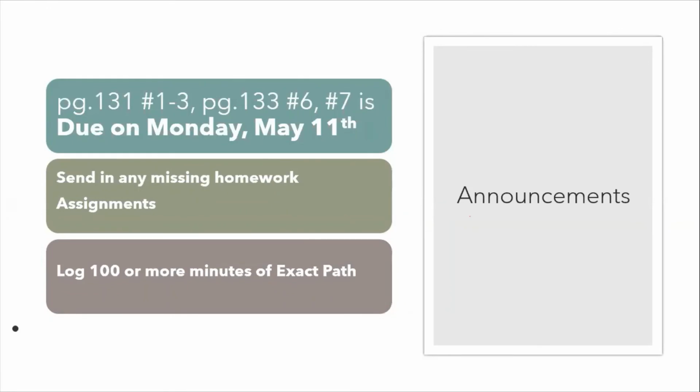Oh, okay, I don't need number 132. Can you mute people? The background. Oh, I'm sorry. I'll start over. So 131, numbers 1 through 3. And then page 133, number 6 and number 7 is due on Monday, May 11th.